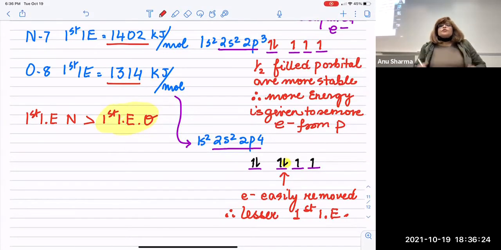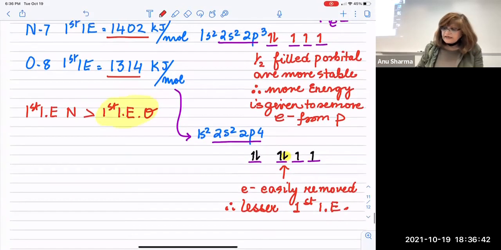It's easier to remove that one electron, that is why the first ionization energy of oxygen is lesser. When you remove that one electron, what does that leave you with? The answer is on the screen.